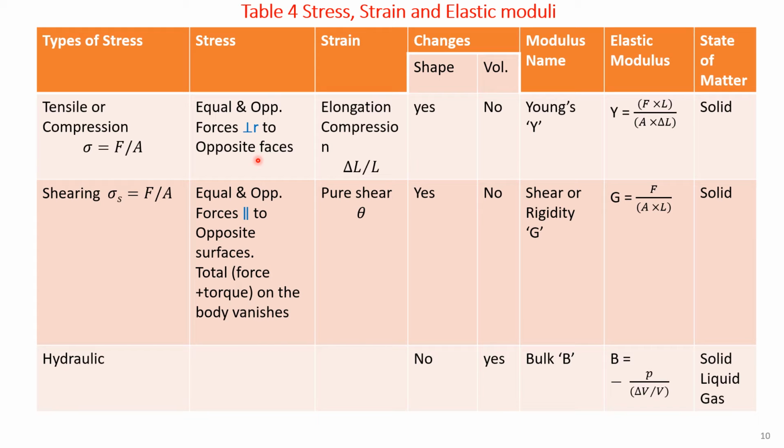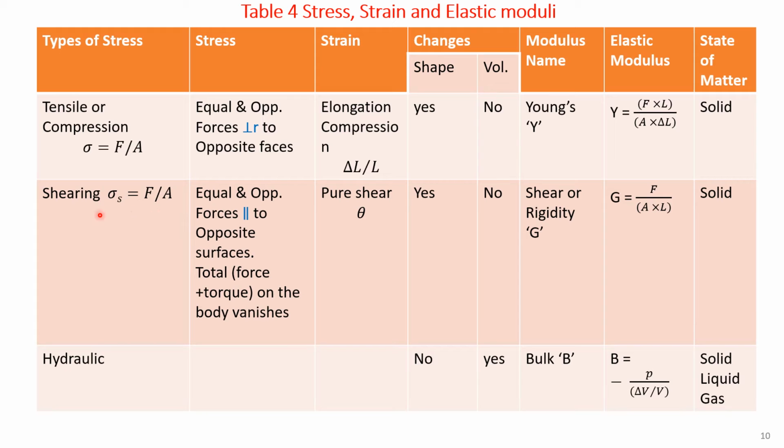Consider for example the case of a cylinder. Vertically, both tensile and compression forces are applied on the cross-section area at the top and the bottom, which are perpendicular to each other. The elongation or compression is delta L by L. There is a change in shape but no change in volume, and Young's modulus is applied.